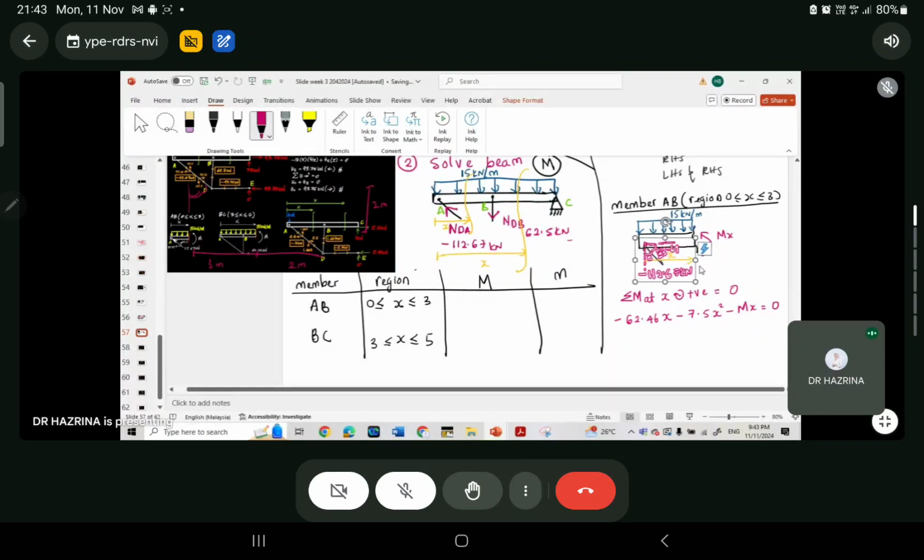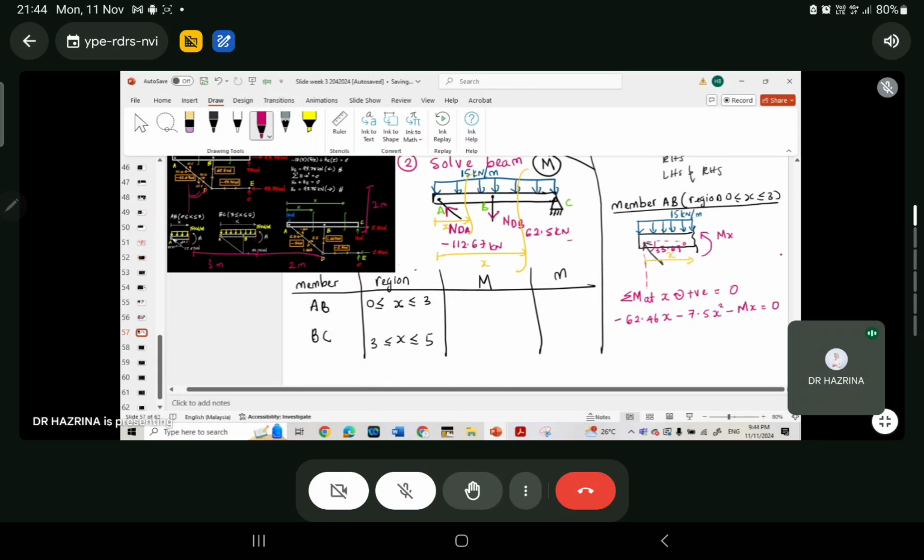So semua orang patut tahu angle berapa lah ya? Macam mana nak cari angle ni? Sekejap. So dekat sini you will have the angle. So here is 33.69 degree.